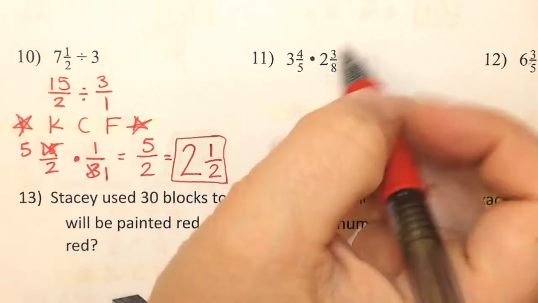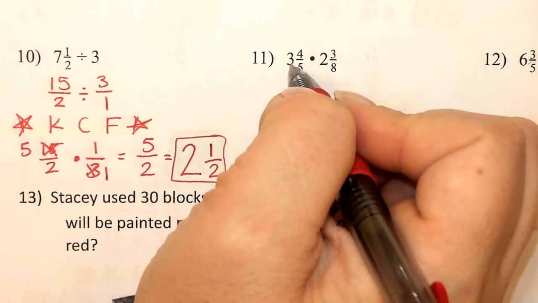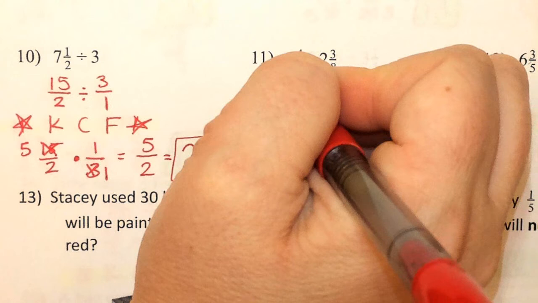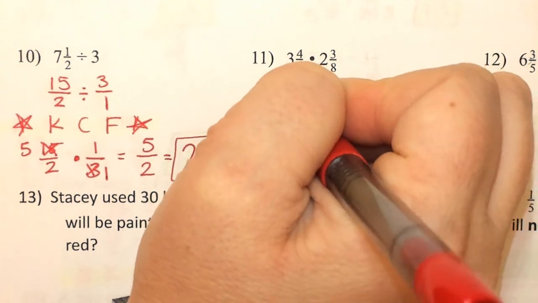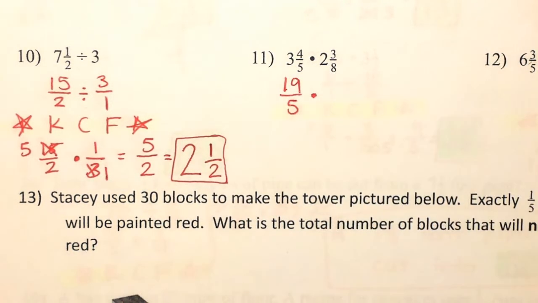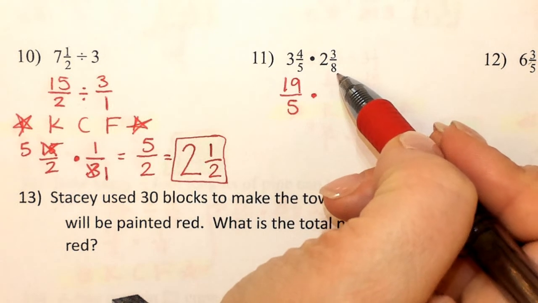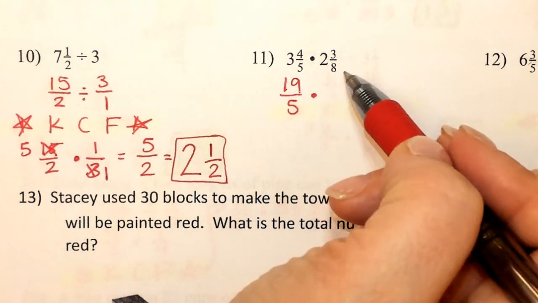We have to change the 3 and 4 fifths. So I'm going to do my 5 times 3, which gives me what, Jessica? 15. Plus the 4 over 5. Times, what's my other fraction going to change to, Gabby? 8 times 2 gives me?